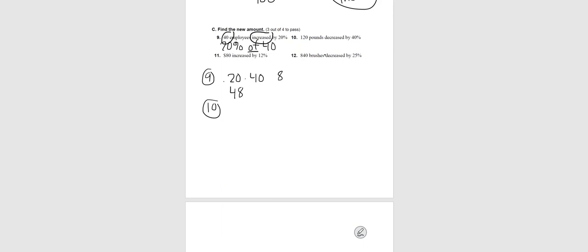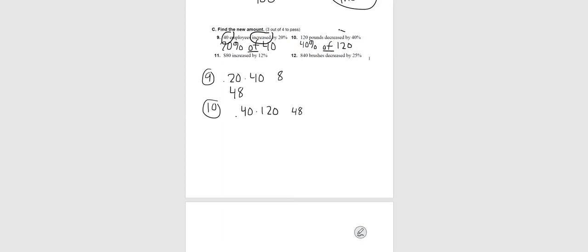120 pounds decreased by 40%. So we first want to find out what 40% of 120 is. So we change this to a multiplication problem because we have the word of. So this would be 0.40 times 120. And that gives us 48.